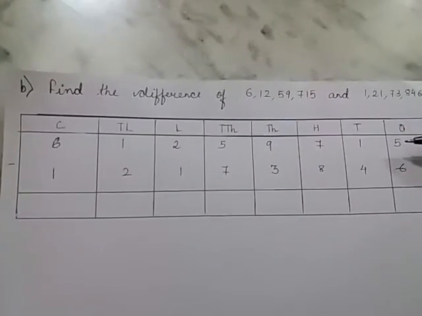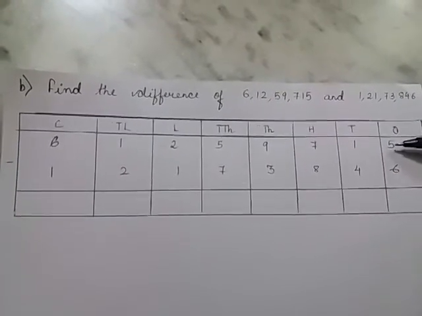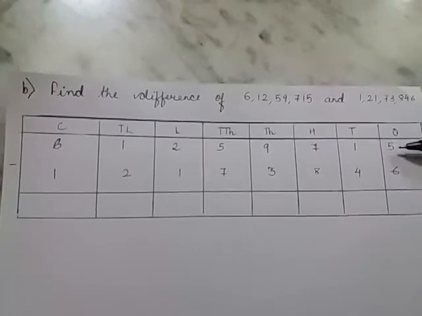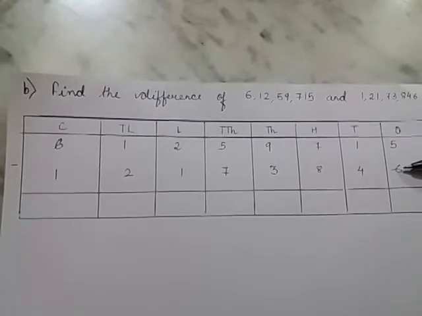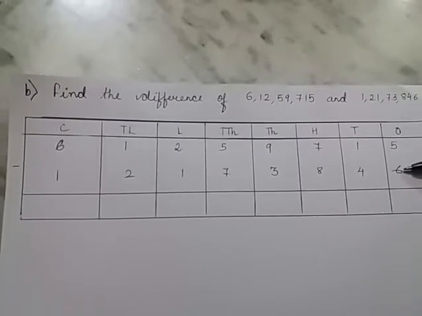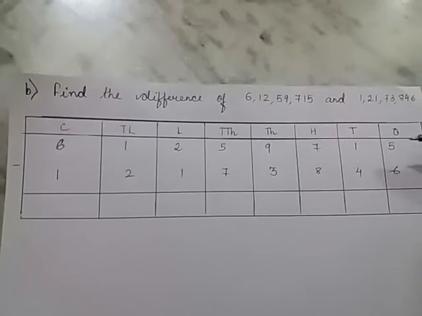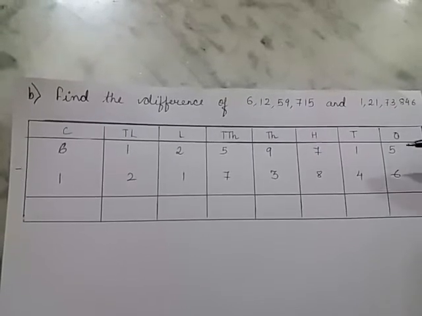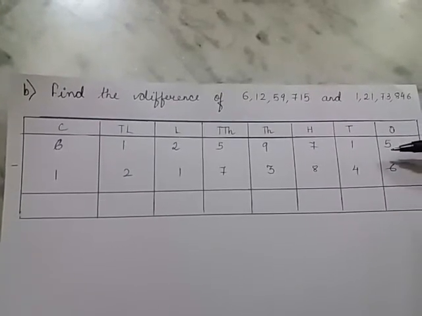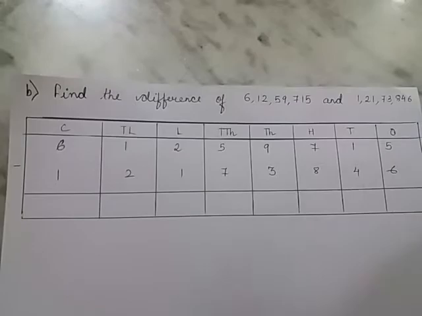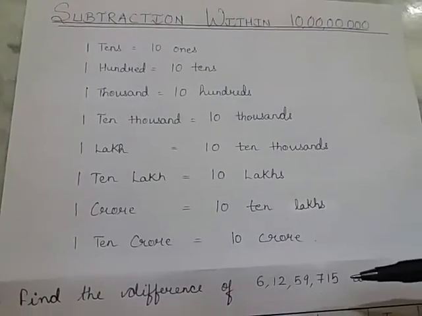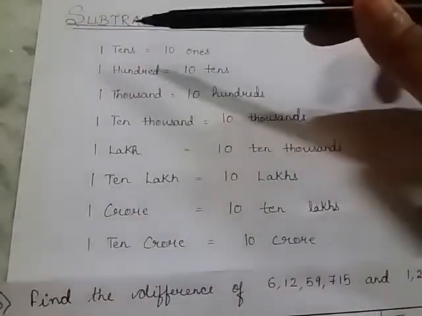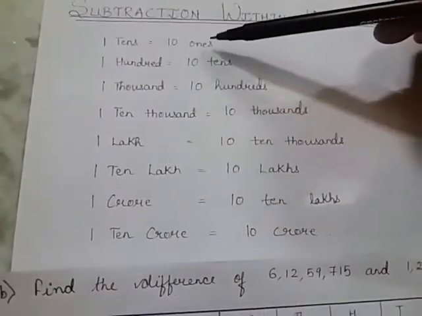Now here at ones you can see the number here is 5, above number is 5 and the lower number is 6. We all know that we cannot subtract a bigger number from a smaller number. So what to do? Here we will use the concept of regrouping, where we use these basic fundamental entities. We know that 1 tens is equal to 10 ones.